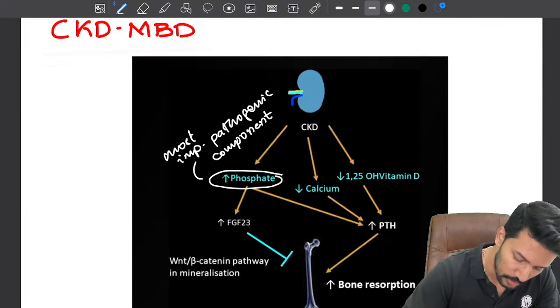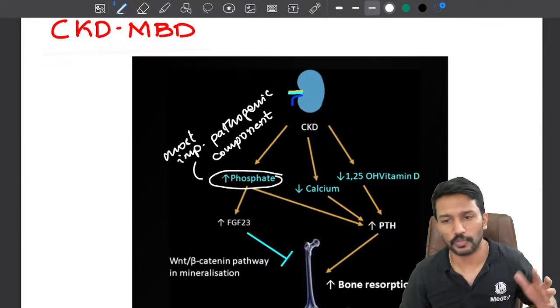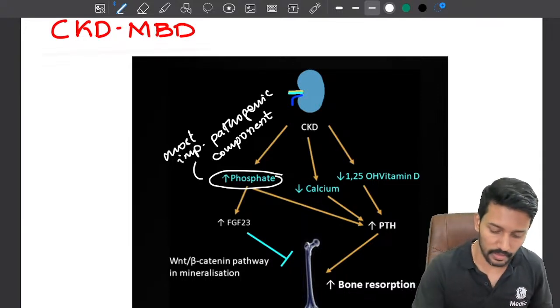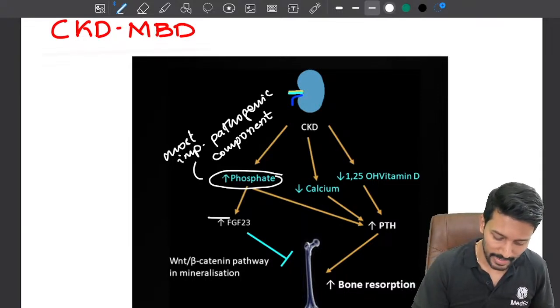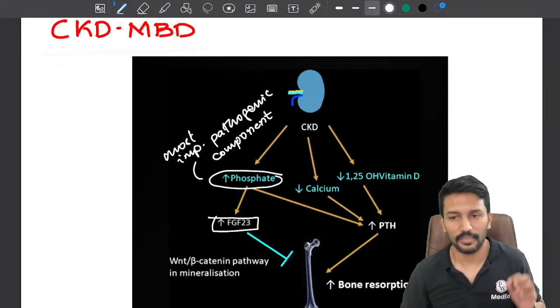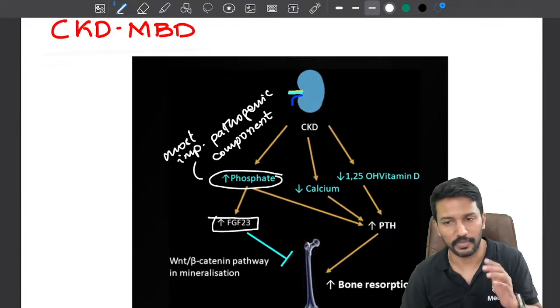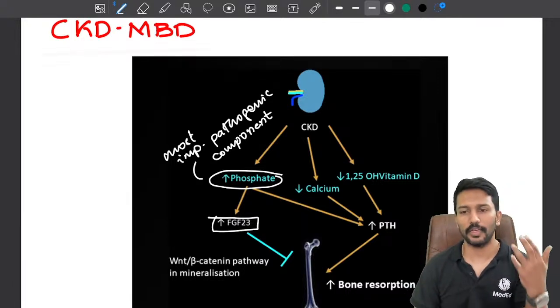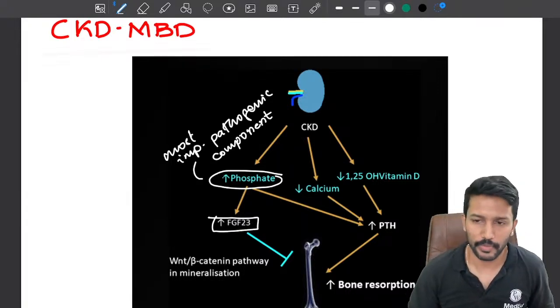Because there is no other way for us to eliminate phosphate, if the blood phosphate levels increase because of the CKD, that will trigger the activation of something called FGF23. This FGF23 is called a phosphatonin, which is supposed to push the kidneys to eliminate more phosphate. But unfortunately, it is a damaged kidney. It will not be able to do that job.